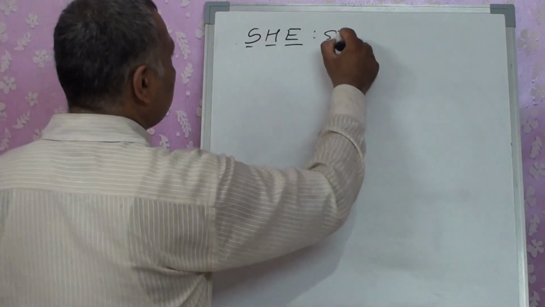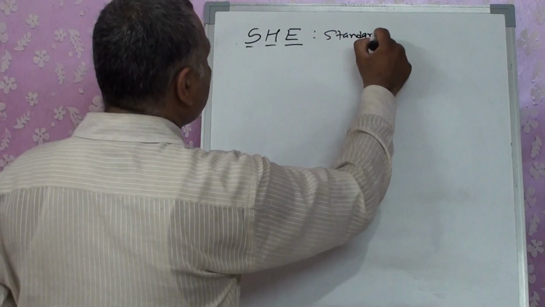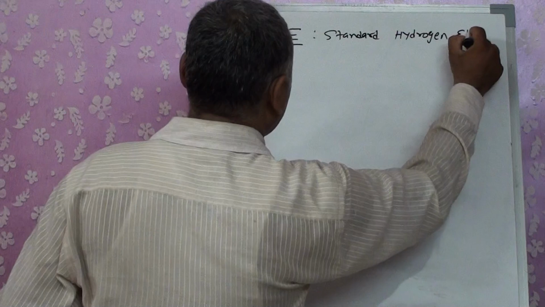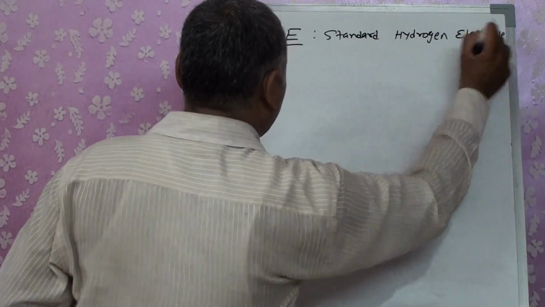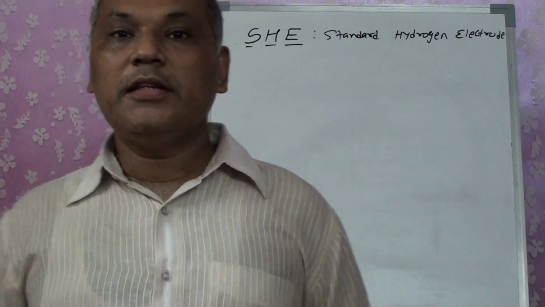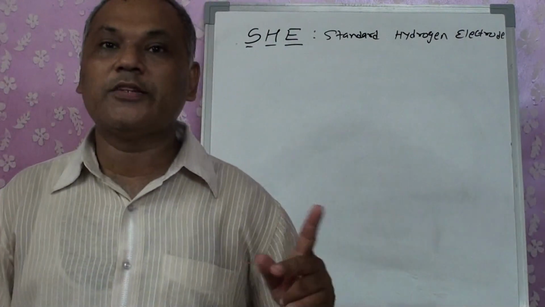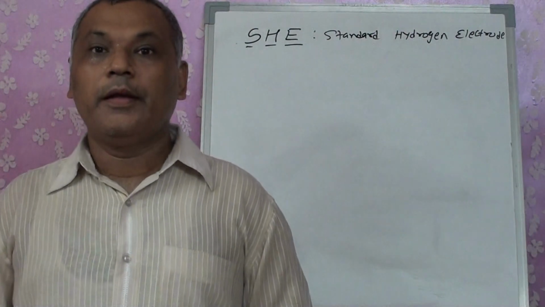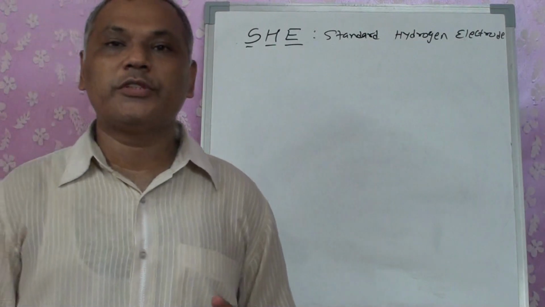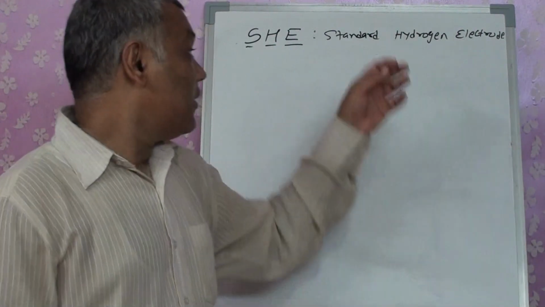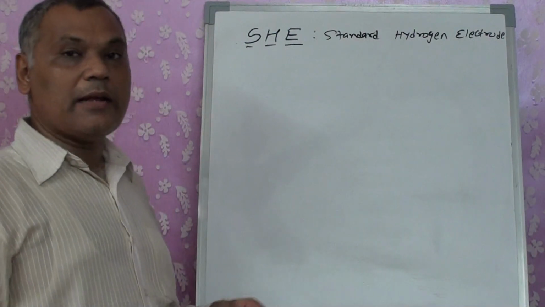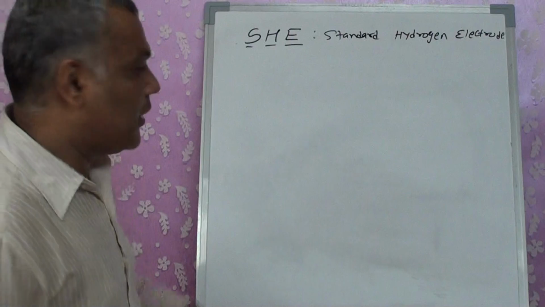It is considered a standard hydrogen electrode because hydrogen has a tendency to gain as well as lose electrons, and the potential tendency is almost zero. That is why we use this half cell to calculate the potential of the other half cell.